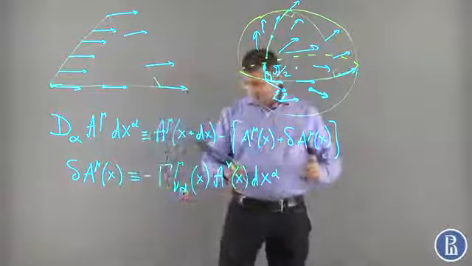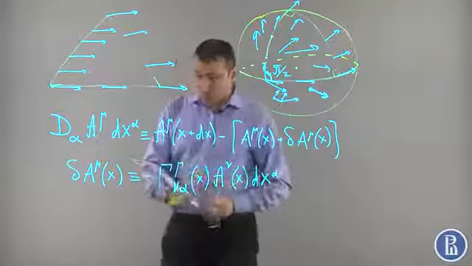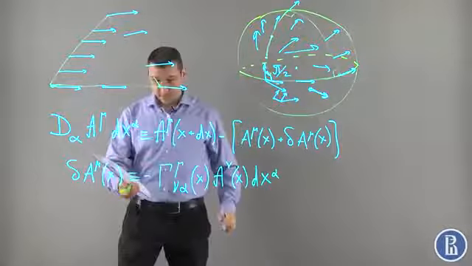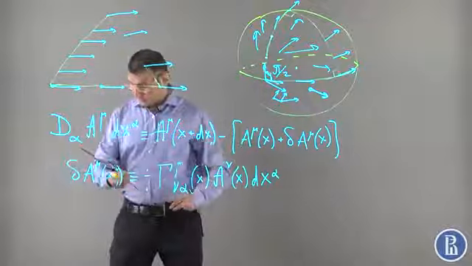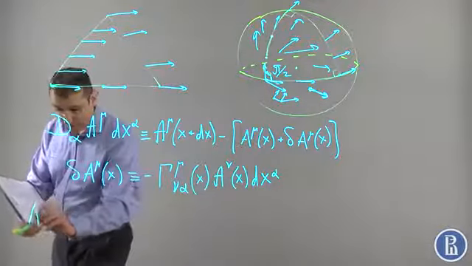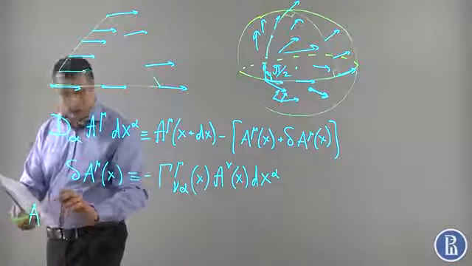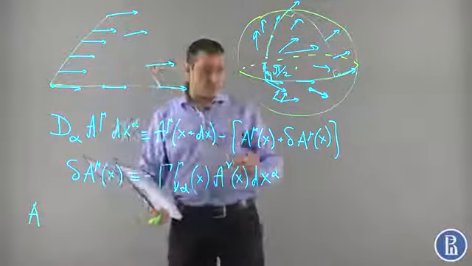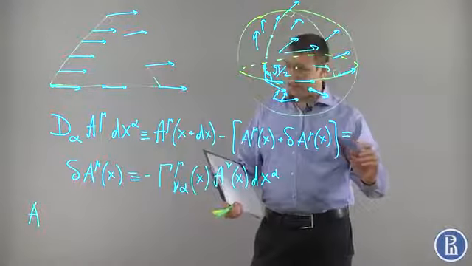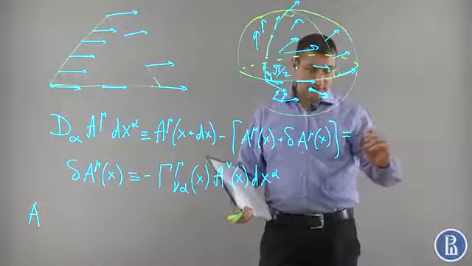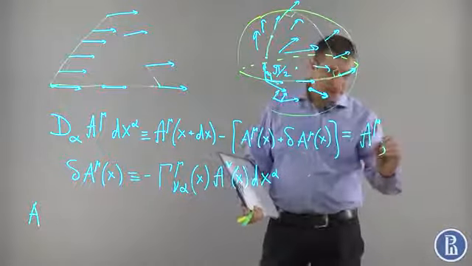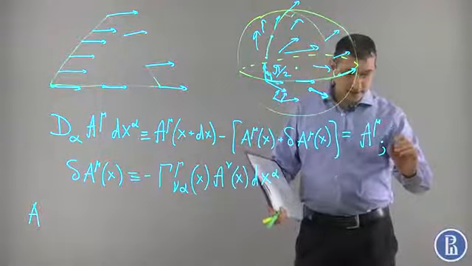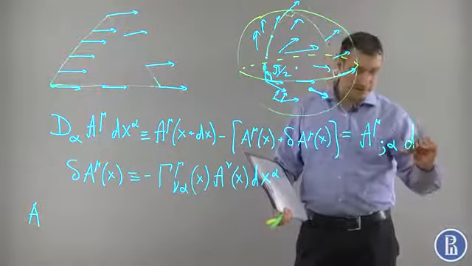So now, from this formula which I derived to you, the regular notation for the covariant derivative is nabla_alpha A_mu, with dx^alpha.